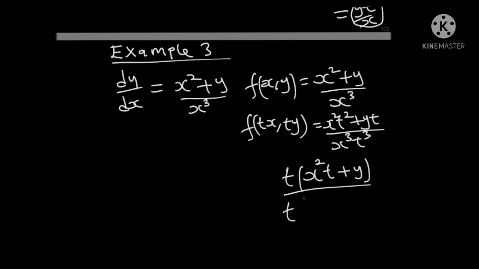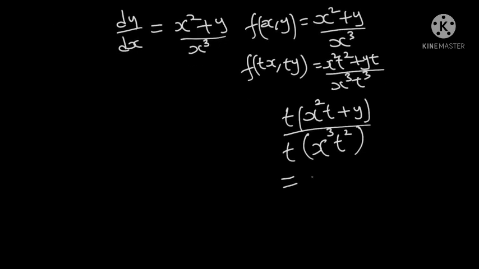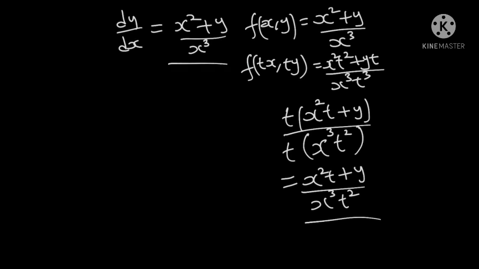So we have t into x cubed t squared. This reduces to x squared t plus y over x cubed t squared. This is not the same as this. Therefore, this equation is not homogeneous and thus cannot be reduced to separable form.